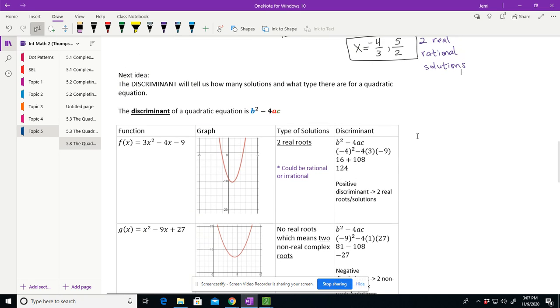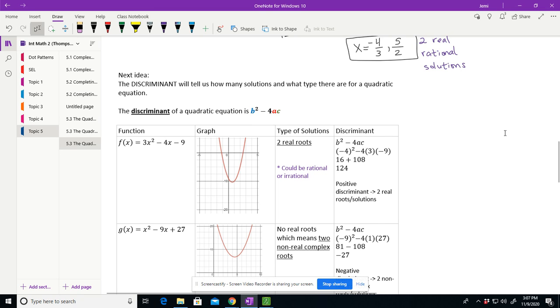Okay. Next idea is what's called the discriminant. The discriminant is like a shortcut to tell us how many solutions and what type they are for a quadratic equation or a quadratic function.